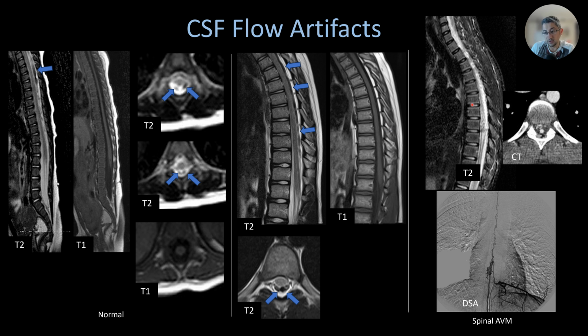On the other hand, you can have a dural AV fistula or AVM, as in this case, and there is usually associated spinal cord abnormality, and the vessels can be seen on the post-contrast images. They can be very subtle and can be only detected on the axial and CT.